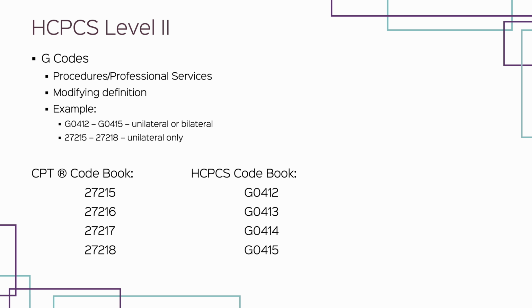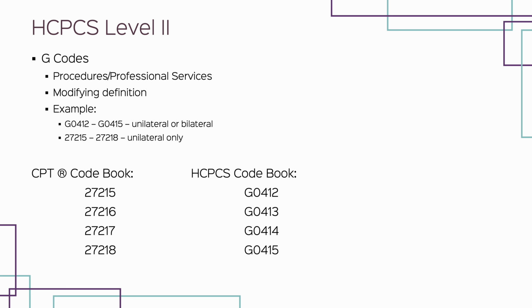For example, HCPCS codes G0412 through G0415 will describe fracture care for the pelvis, and they allow for the procedure to be reported whether it's done unilaterally or bilaterally. However, the equivalent CPT codes 27215 through 27218 will describe the service when it is performed unilaterally.